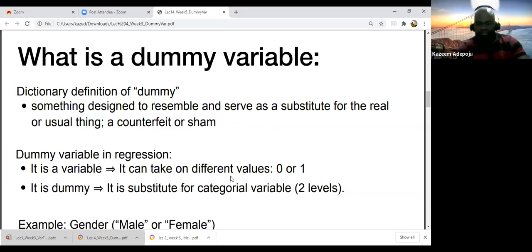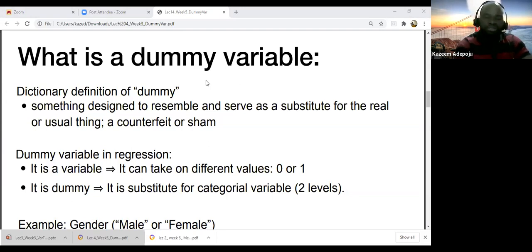Let me say that again, when your predictor is categorical in nature, where you can classify into a control group and experimental group, the control group you're going to assign 0 and the experimental group you're going to assign 1.